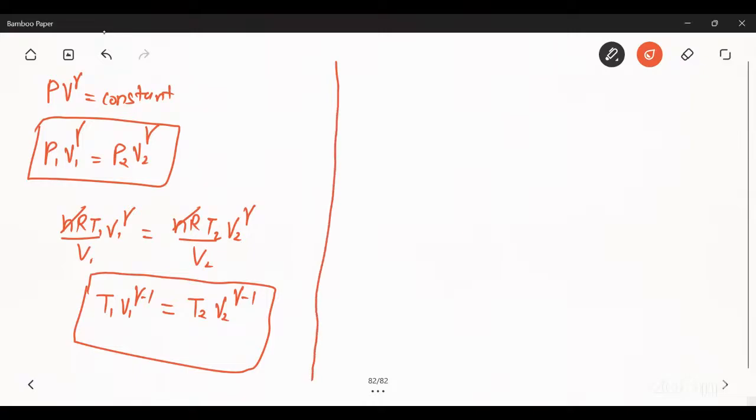This condition also came. Now I can write, we know that PV is equal to nRT. So V is equal to nRT by P. So put the value of V in this equation.